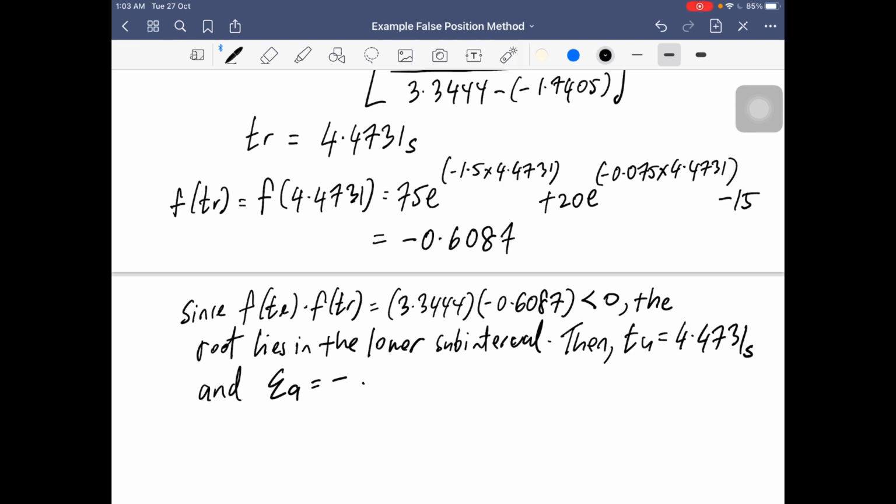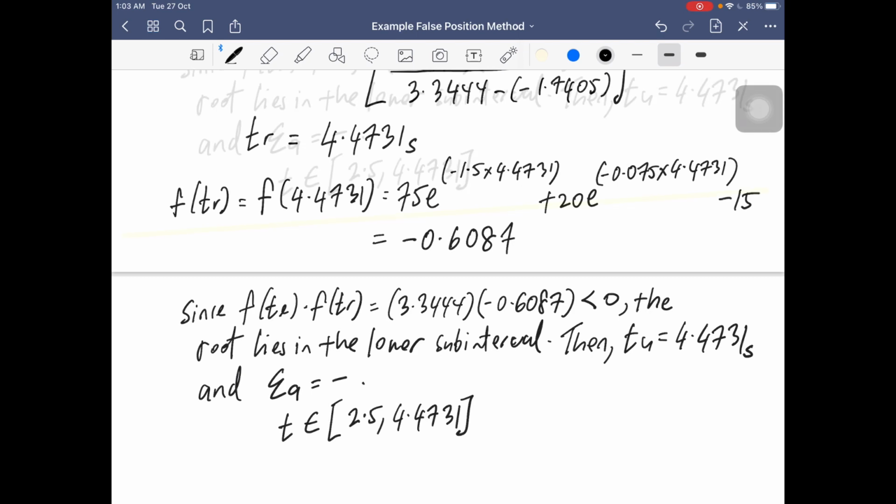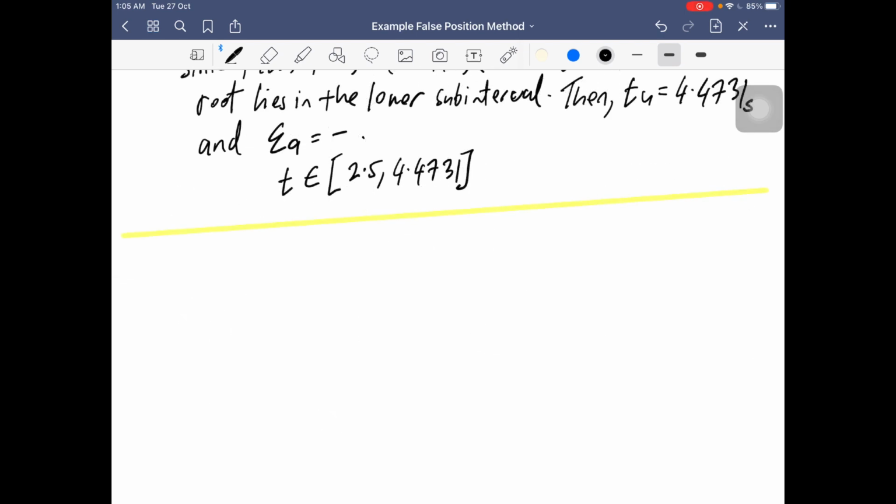Okay, so now our T is located between, or bounded by, this new interval, which is 2.5 and also 4.4731. Okay, now we continue to the second iteration.